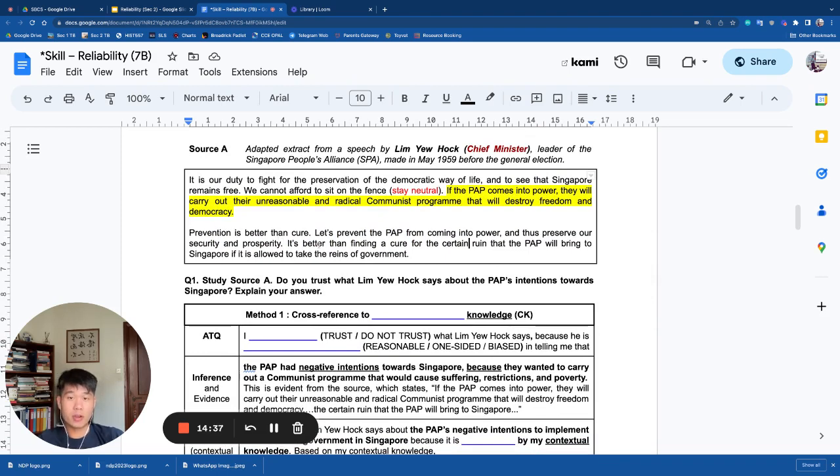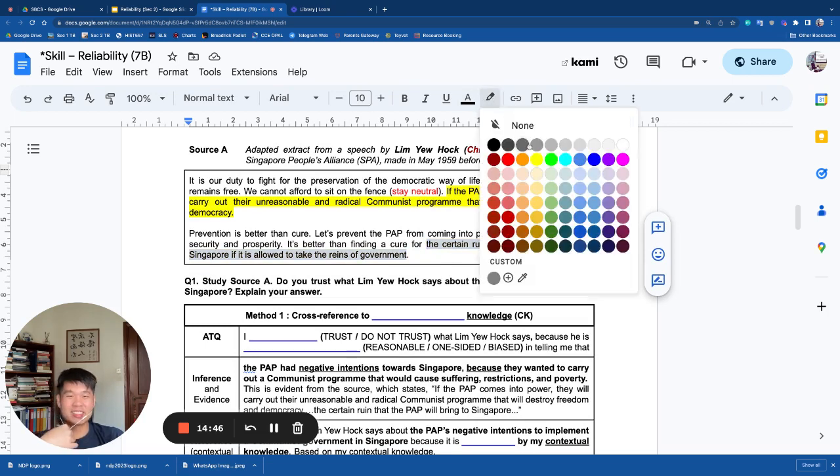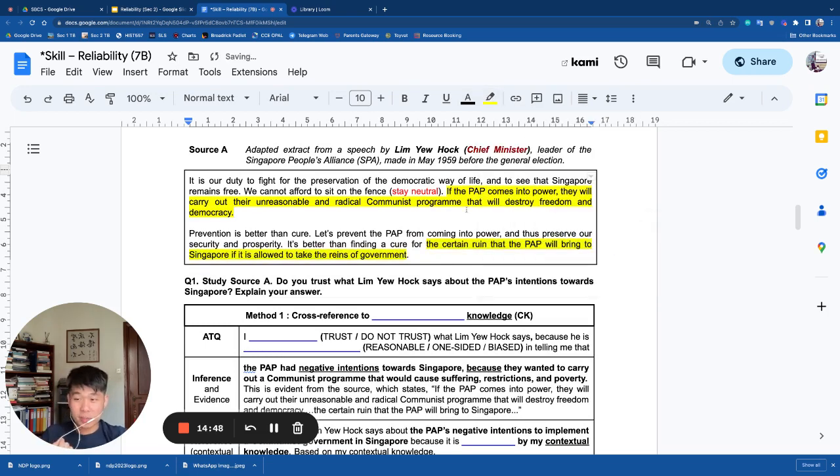It's better than finding a cure for the certain ruin the PAP will bring to Singapore if it's allowed to take the reins of government. So Lim Yew Hock is really warning the people of Singapore, don't vote for the PAP in 1959 or they will destroy the country. Okay.